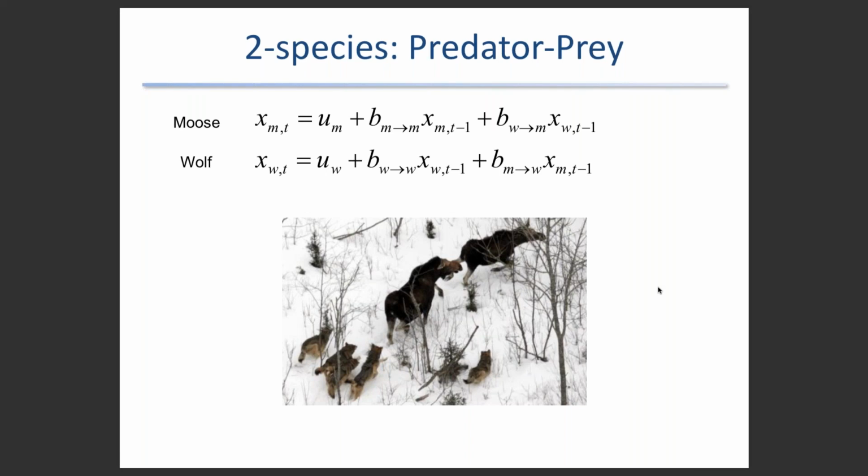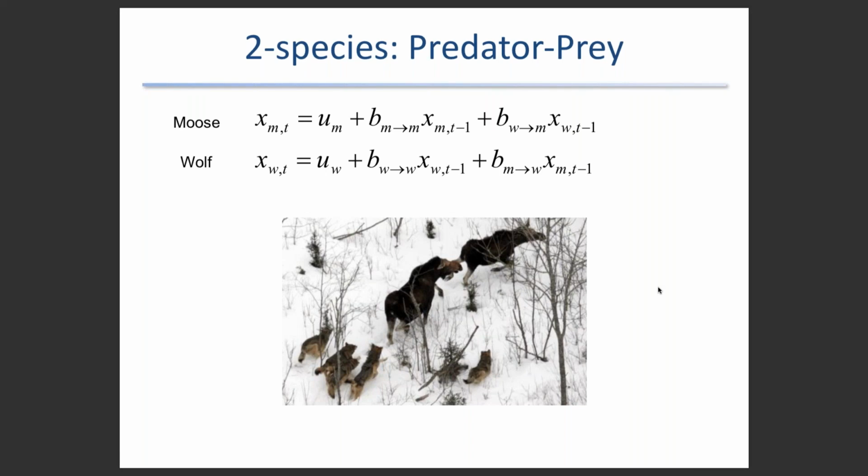So you have the moose at time t. We're working in log scale space, so that's the log abundance or abundance index of the moose. We have their intrinsic rate of increase. Now we have the effect of moose on themselves, so density dependence of the moose.